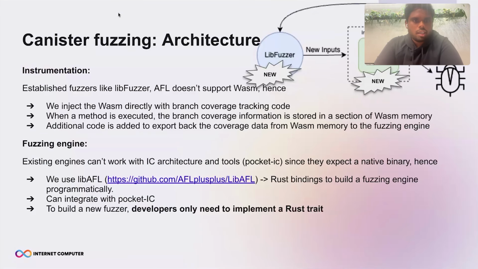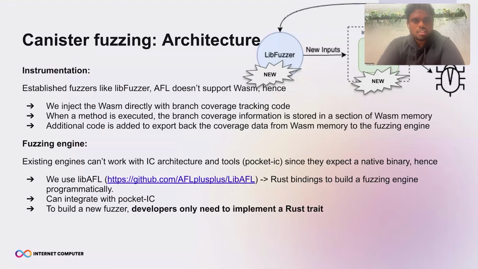Now, canister fuzzing architecture. The two main things which are changing are the instrumentation and the fuzzing engine. As I mentioned before, since the existing tools can't instrument WASM, we built a new library which does this instrumentation for us. When a method is executed, the branch coverage information is stored in a part of WASM memory, and we inject another WASM method which allows you to export this data from the WASM memory back into the fuzzing engine.